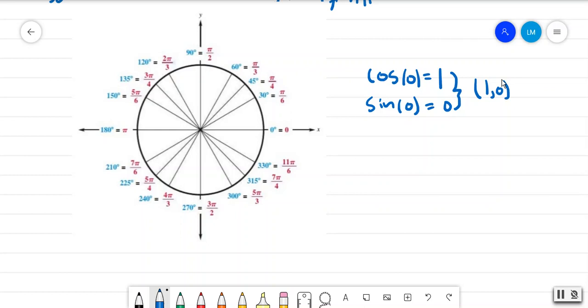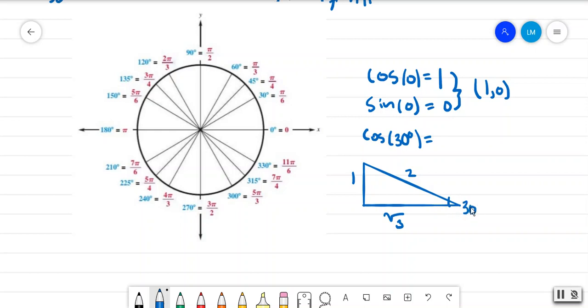Now, we can repeat that process by looking at, say, for example, 30 degrees. Similarly, we're going to do the ordered pair cosine theta, comma, sine theta. I'll work in degrees for this one. Now, for cosine of 30, you would have to recall your 30-60 triangle, in which 30 degrees is right there.